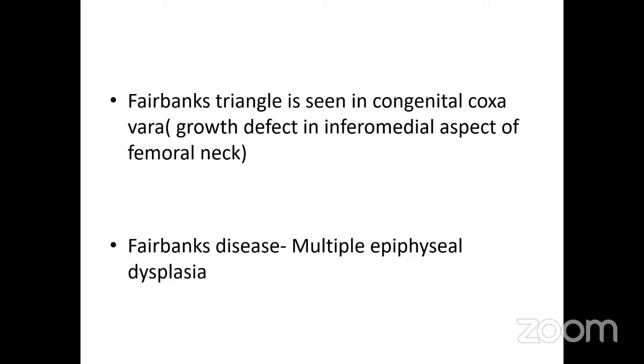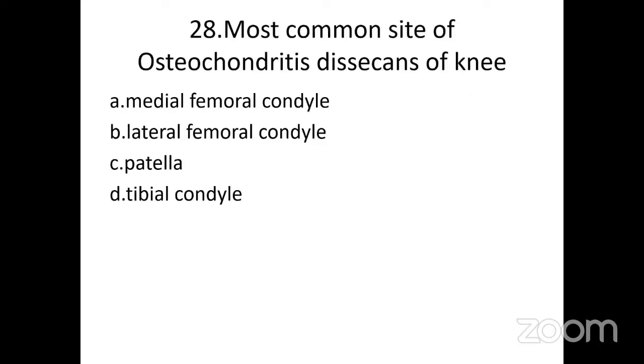Then Fairbanks disease is nothing but multiple epiphyseal dysplasia. That means the epiphysis will be having defective growth, and the patient will be short-statured, with shortening of the limbs. That's called Fairbanks disease.